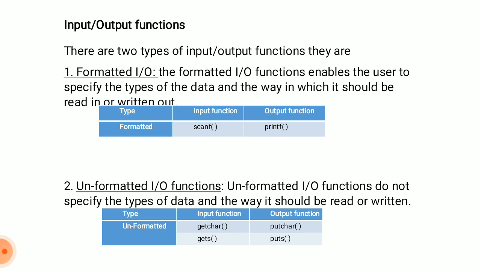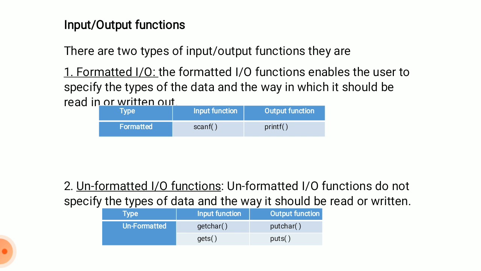Unformatted means the user does not specify the type of data and the way it should be read or written. The unformatted input functions are getchar and gets, and the output functions are putchar and puts.